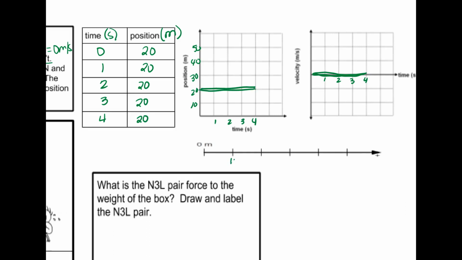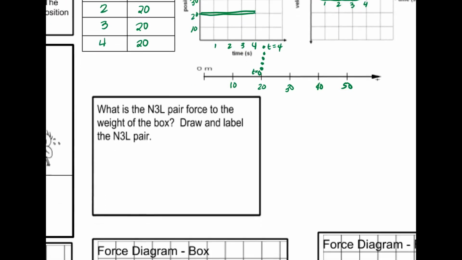Alright, and then the same thing here. We're staying at 20 meters, so t is equal to 0, 1, 2, 3, and 4, staying at 20 meters.